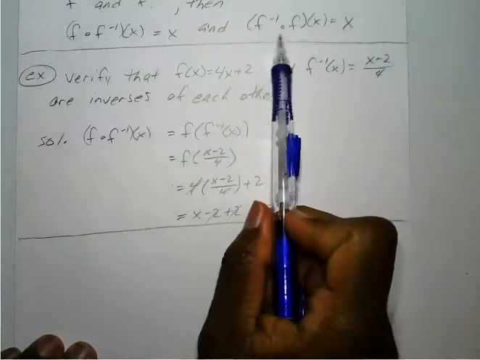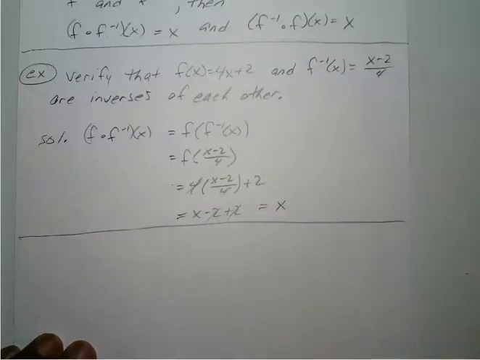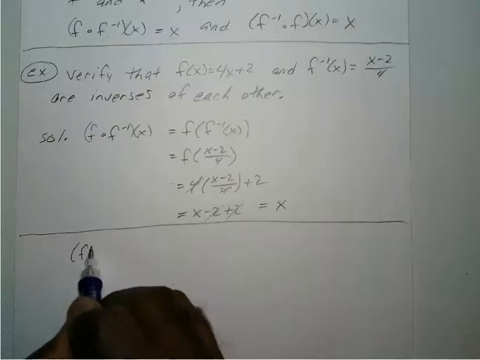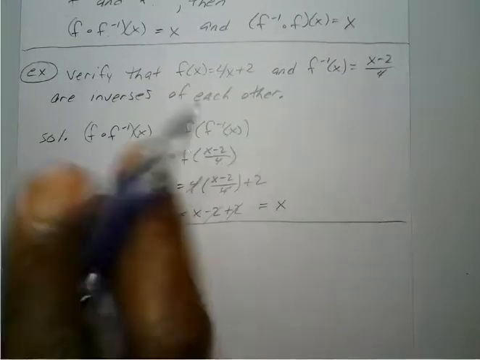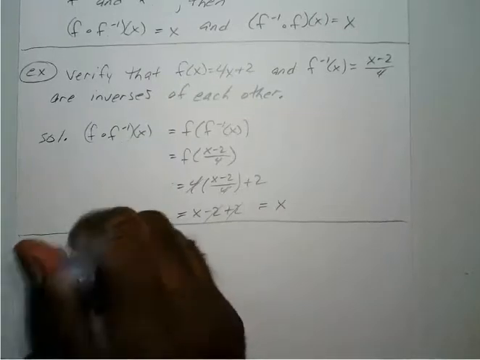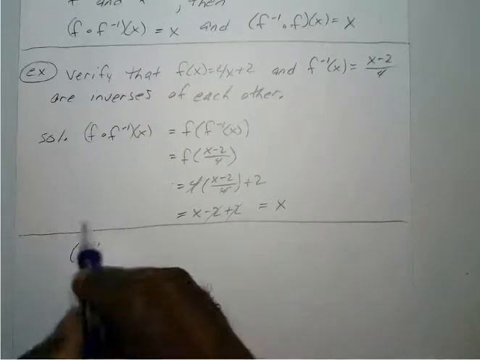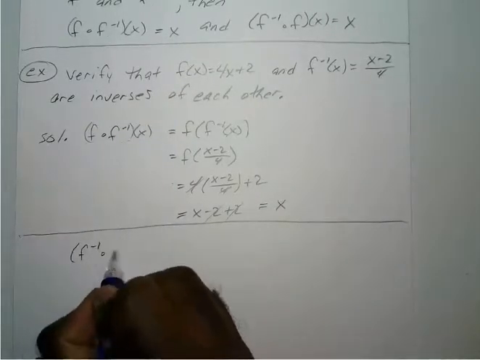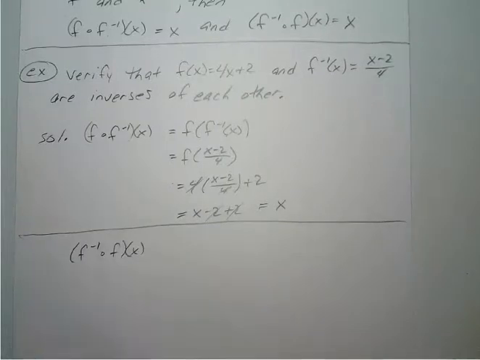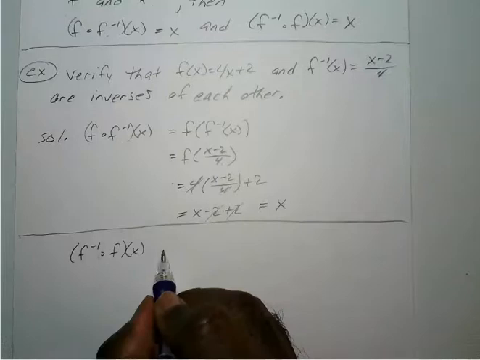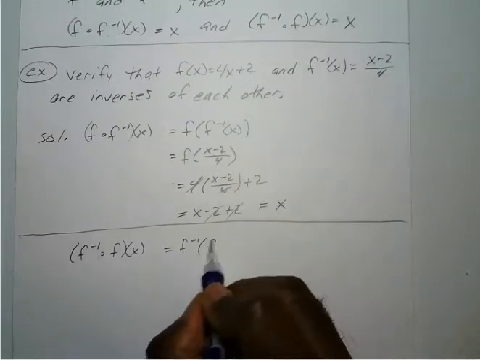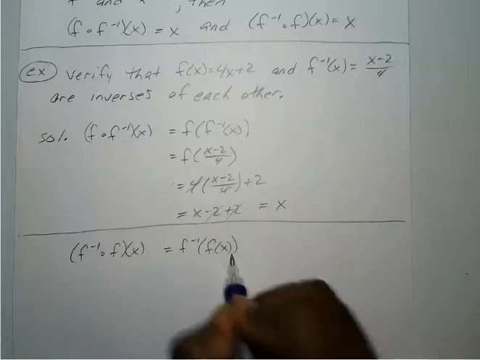F inverse of f. Okay, so if we have f inverse of f of x, just like we did up here, we're just going to rewrite it. That's f inverse of f of x.